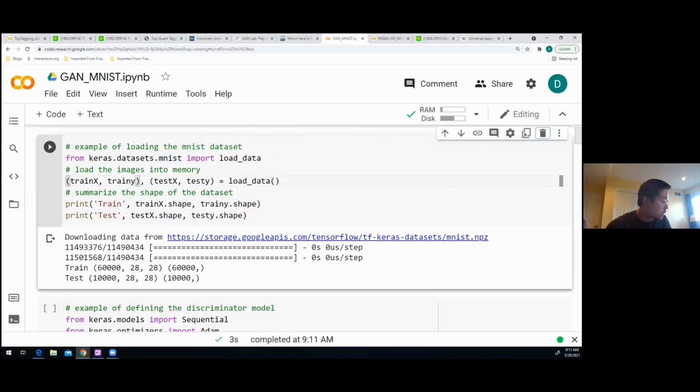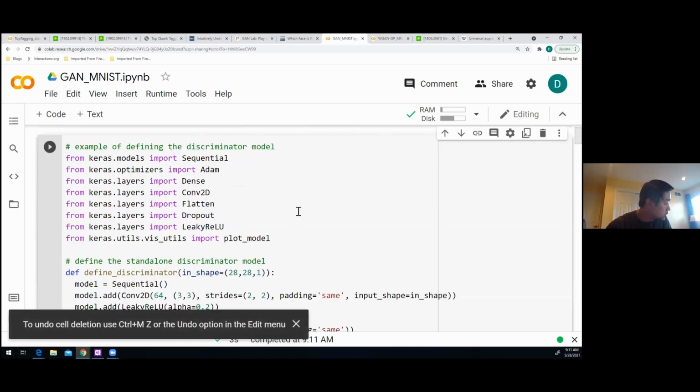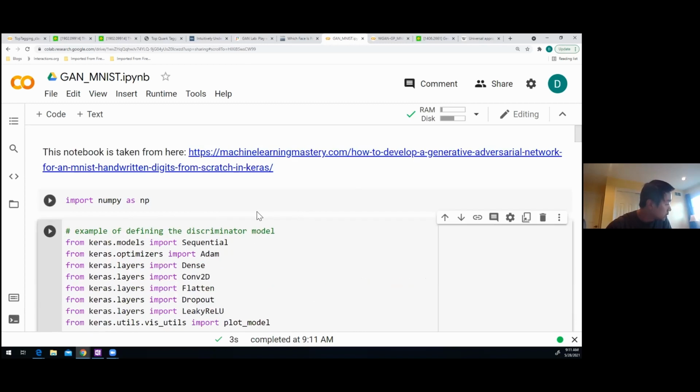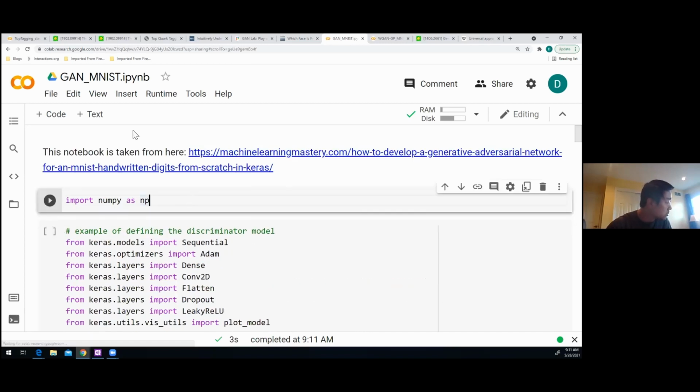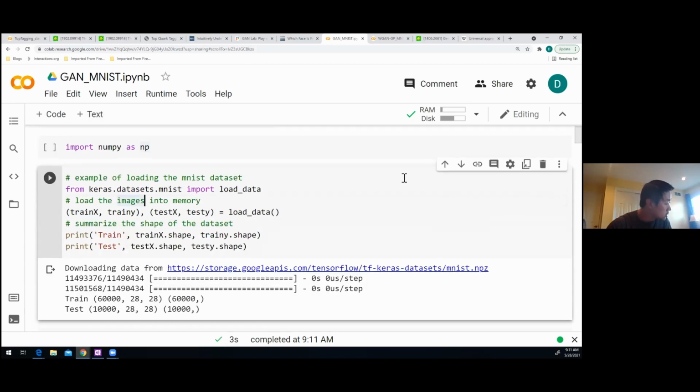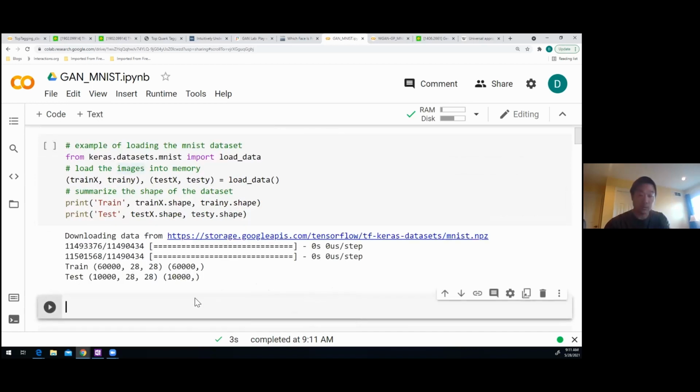So let's see, can I visualize one of these images real quick? Sorry. Yeah, so let me see if I can visualize one of these images real quick.